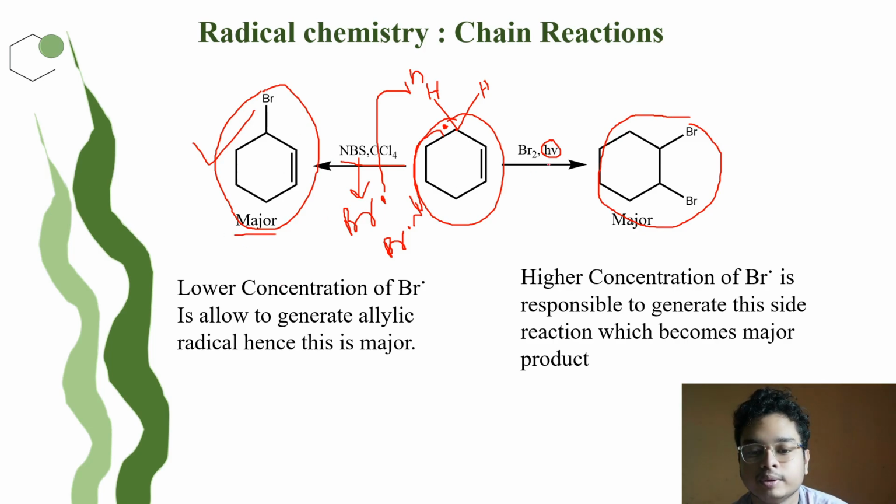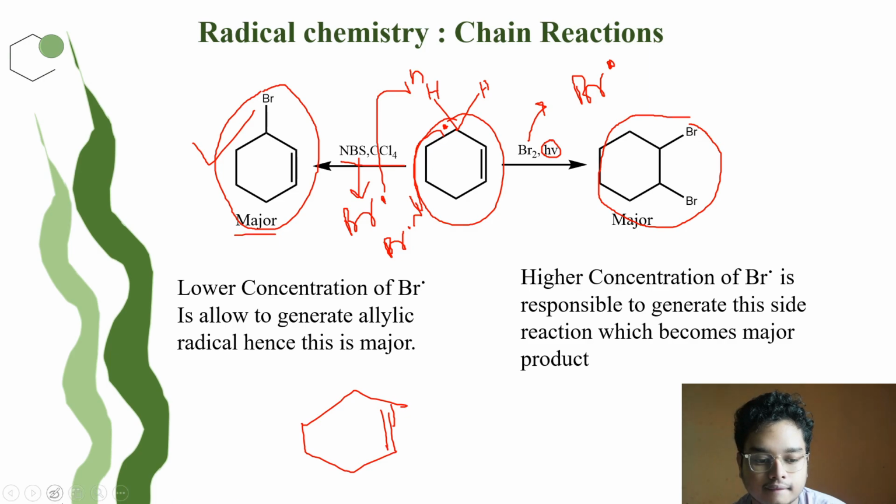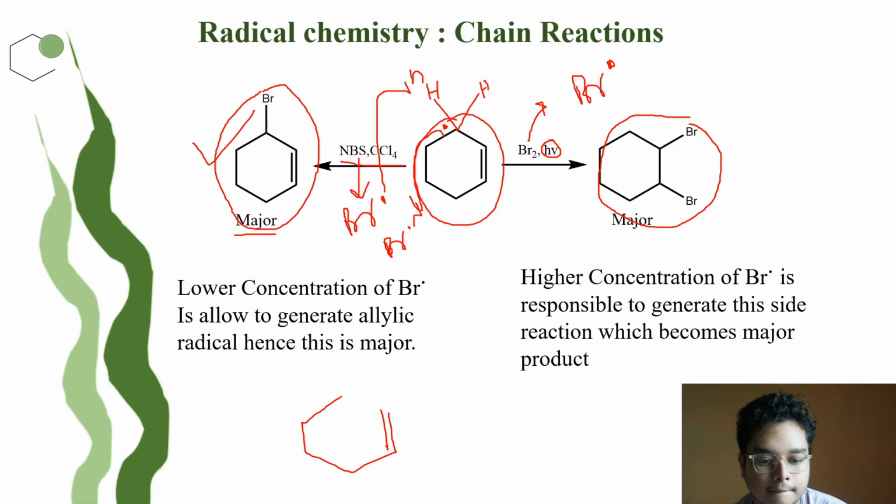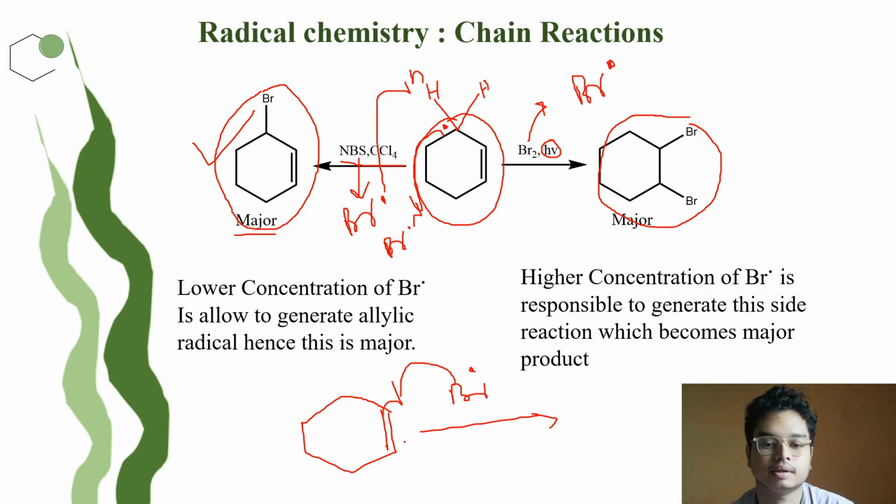But in the case of Br2, the bromine radicals are present in higher concentration. So if we draw the compound here, the bromine radical will initially attack directly on the double bond, and this radical is generated.